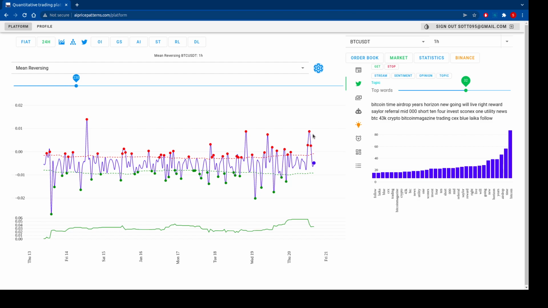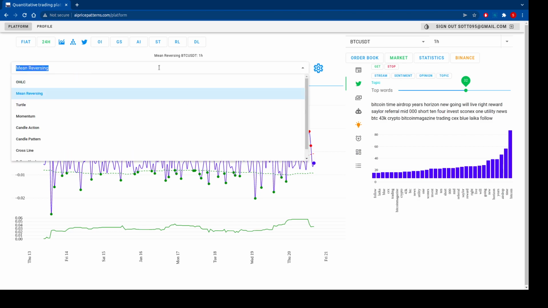When we see some outliers, red or green, red means short and green means buy. But at the current moment we should wait on the mean reversion strategy.